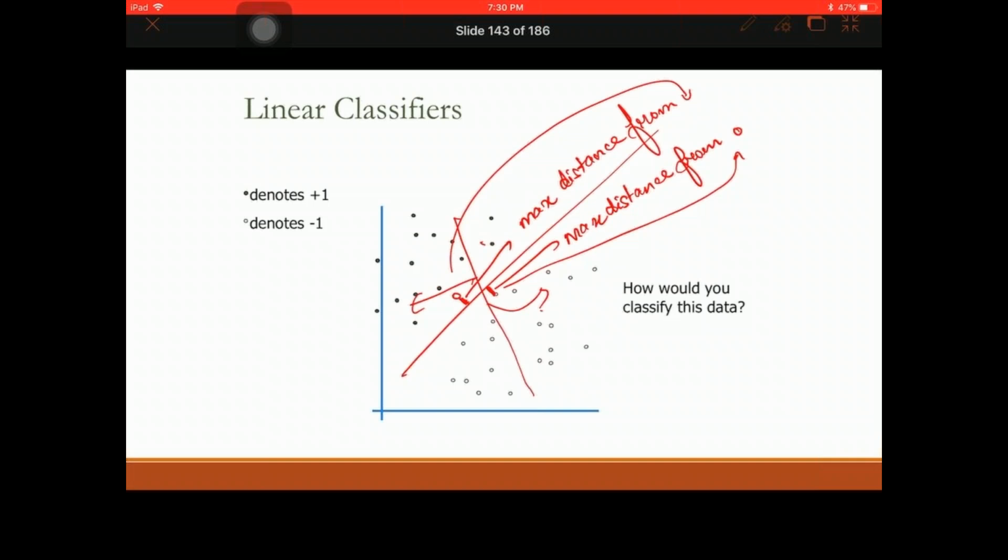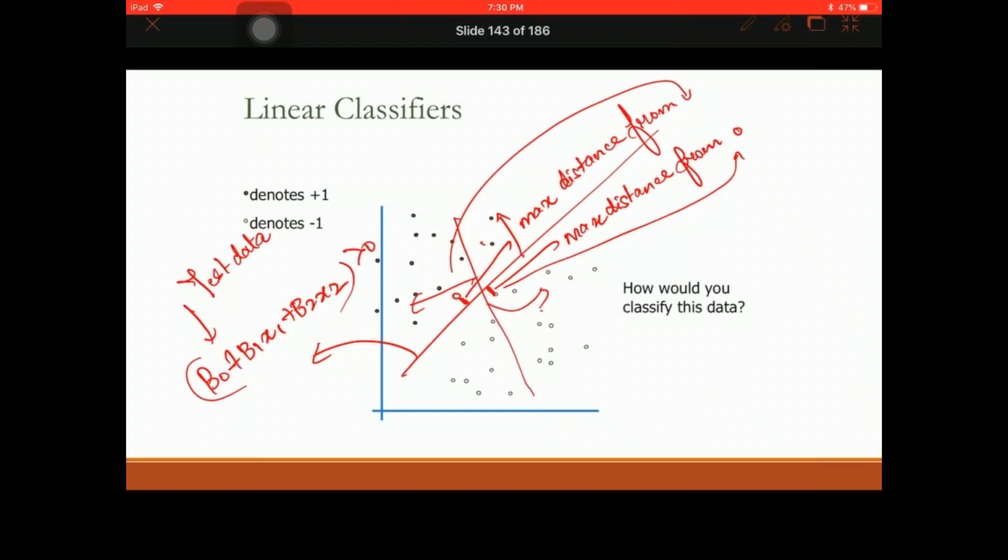Do you understand? In equation terms, let's say the equation of this plane is b naught plus b1 x1 plus b2 x2. My new test data comes and I find out the value on this.